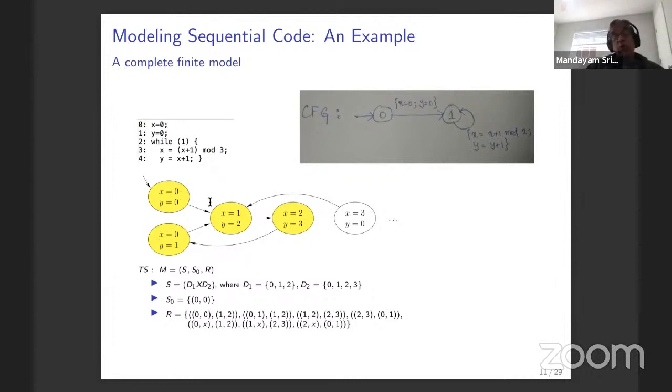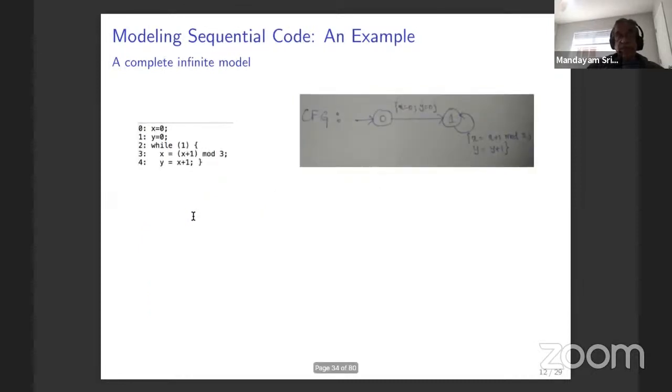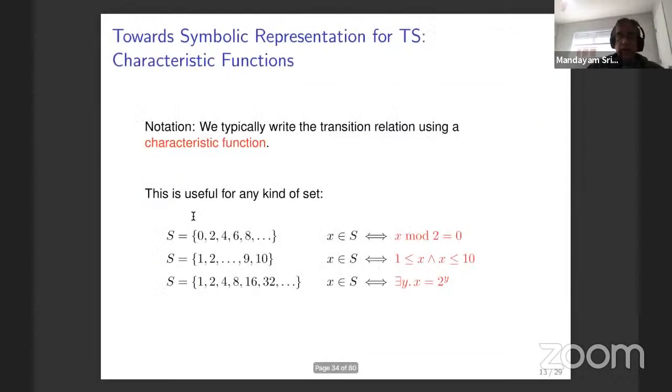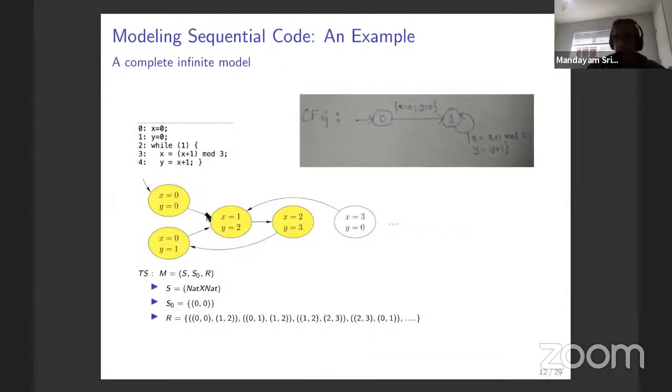Although your transition relation is defined more generally, in all your reachable states x happens to be less than 3, because these other states are not reachable at all from the given state. So that will be part of your analysis.